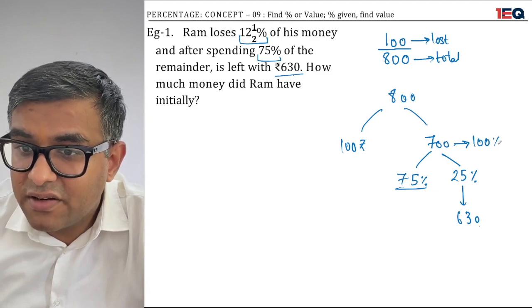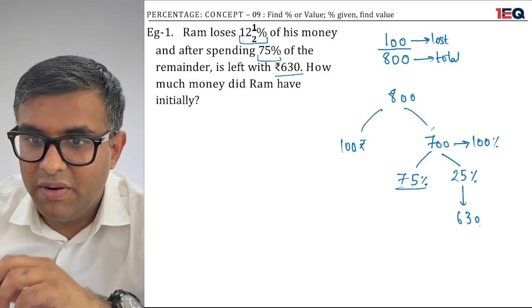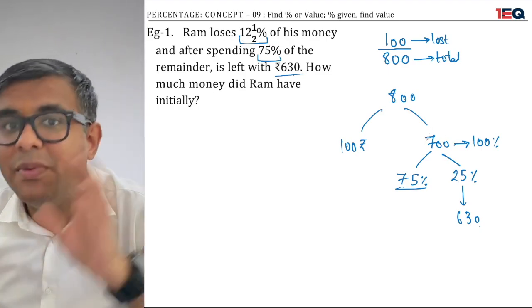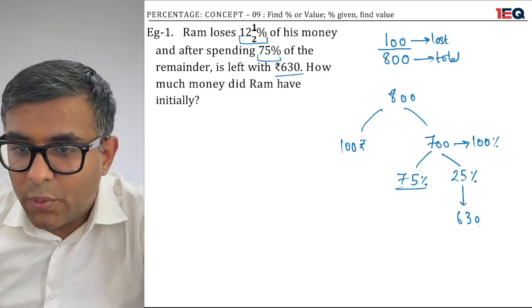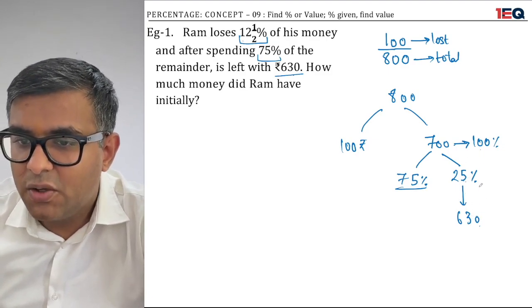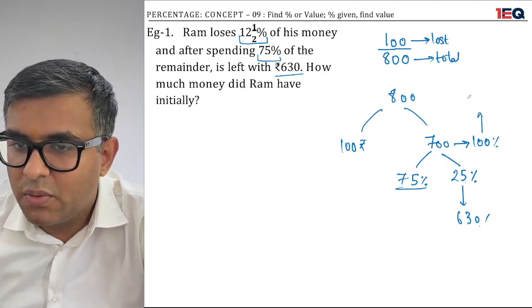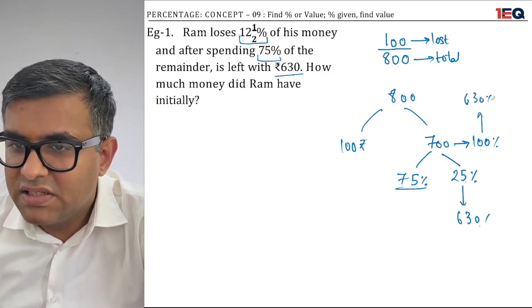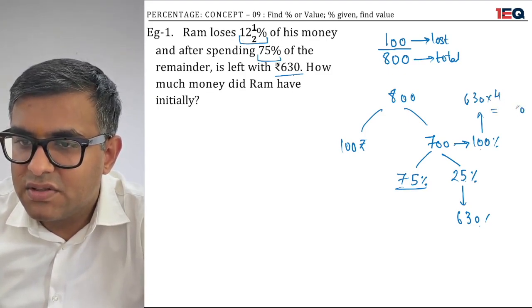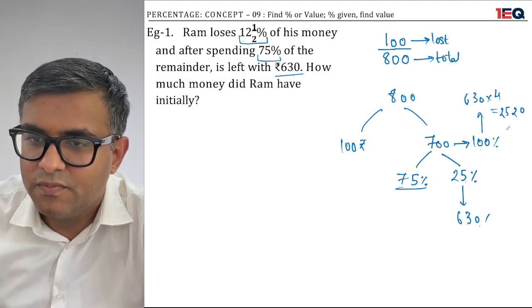It stands for 100%. Not the entire amount, but only 100% of whatever he was left with after losing the money. So 25 is equal to 630. 25 times 4 is equal to 100. That is why 630 multiplied by 4 would be equal to 100%. 4 zeros are 0, 4 3s are 12, 4 6s are 24, 2520.